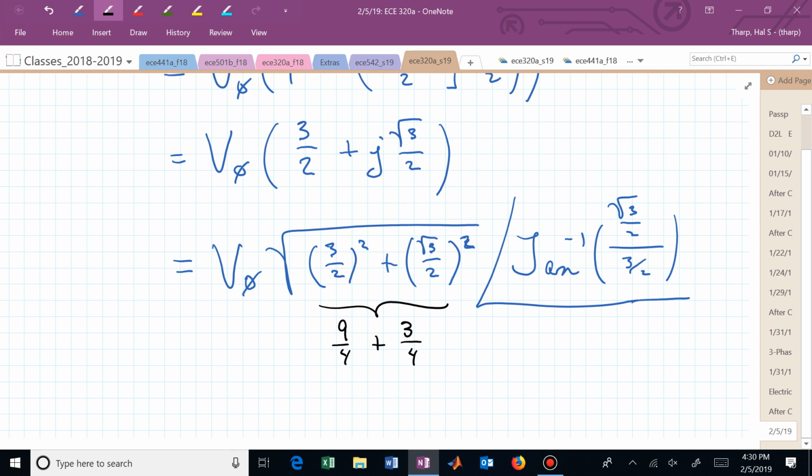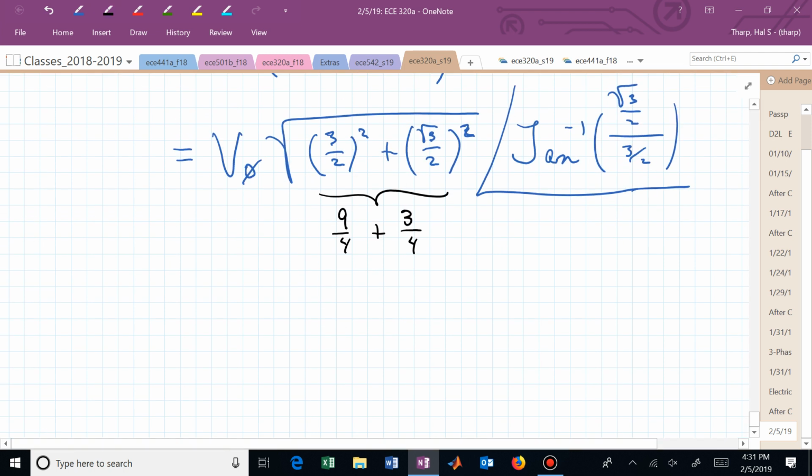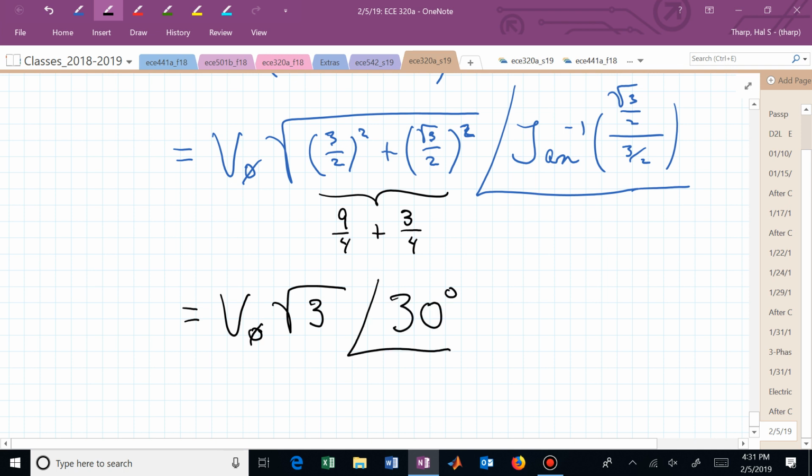Well, this is now the inverse tangent of the square root of 3 over 3, or the inverse tangent of 1 over the square root of 3, which is really, back to our 30-60 triangle, that's 30 degrees. So that this v sub phi is now going to be adjusted by a magnitude stretch of a square root of 3 and a phase change of 30 degrees.